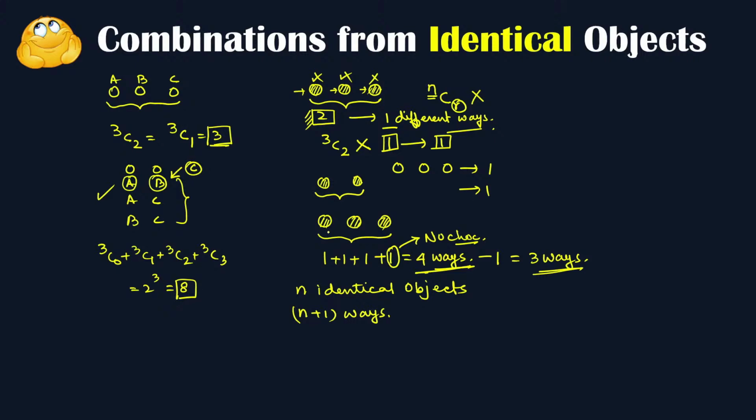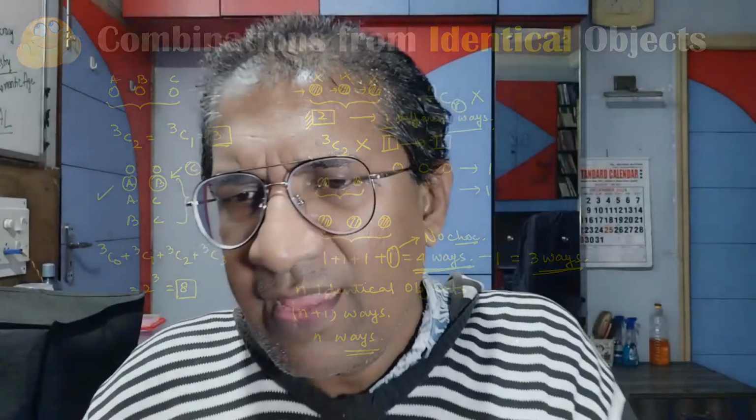Just now I explained, when 3 identical chocolates were there, the total number of ways of giving those 3 chocolates was 4 ways. So in this case, there are n identical objects, so the total number of ways of giving those identical objects is n plus 1 ways. Now if I ask you that at least one object has to be given, in that case, the total number of ways will be n ways. Are you getting my point? Have you understood this concept clearly?